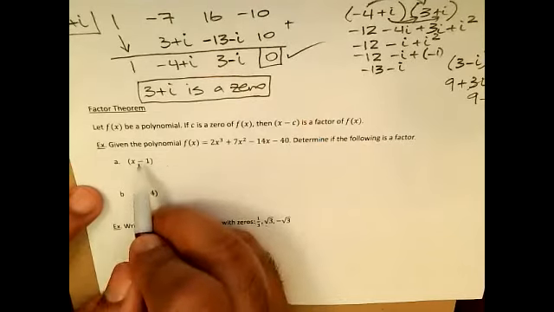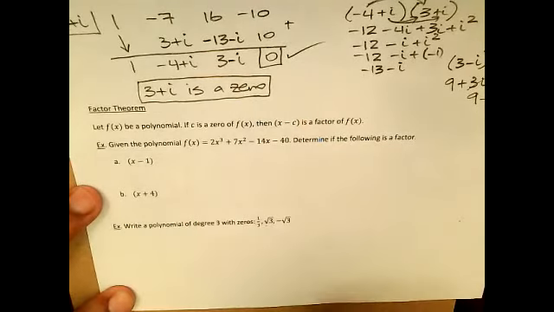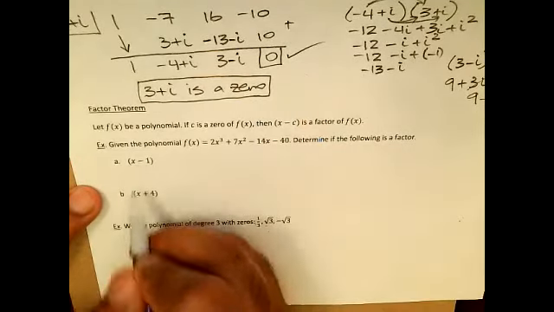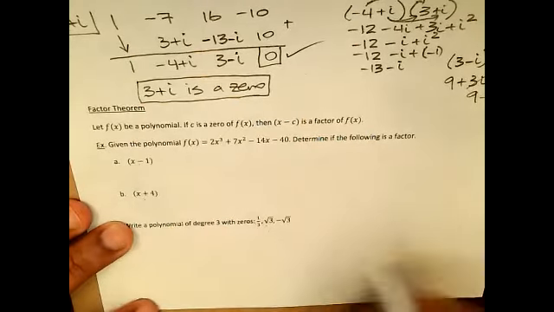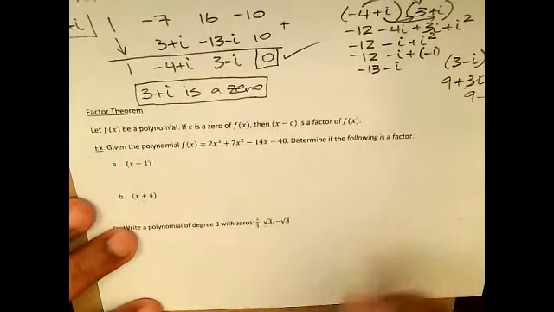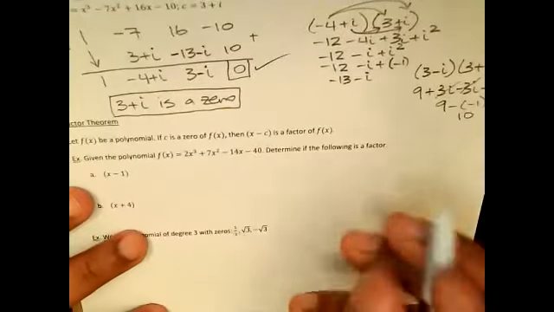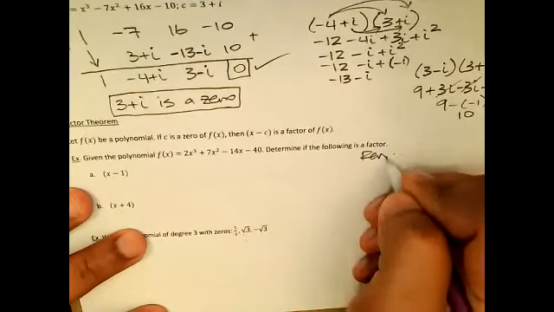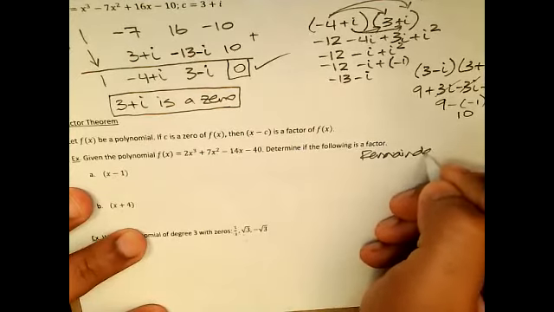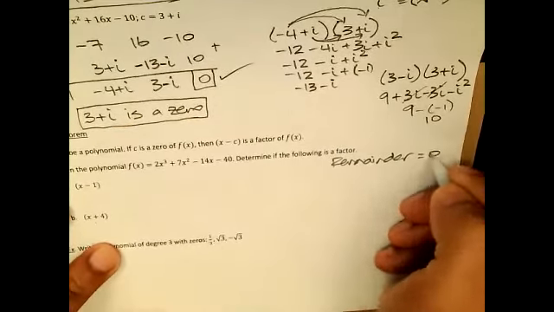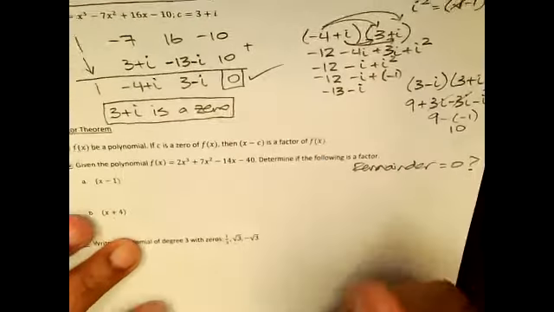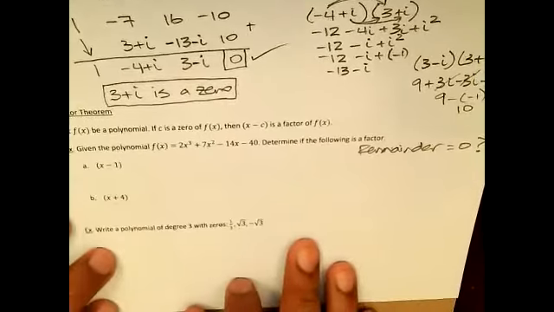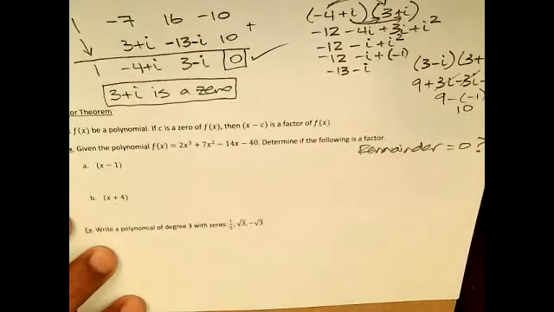So how we are going to do this is we are going to do synthetic division with these things here that could potentially be factors, and we want to see if we get a remainder of 0. Okay, so we want to see, is the remainder equal to 0? If you get a remainder of 0, then it's going to be a factor. If you do not get a remainder of 0, then it's not going to be a factor.